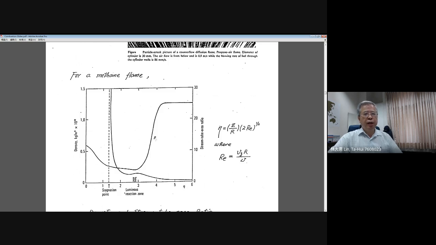As you look at the ideal gas law, when you have a temperature increase, your density will decrease. And this sharp change of the density decrease represents the sharp temperature gradient that occurs in this region. Later on, I will show you.